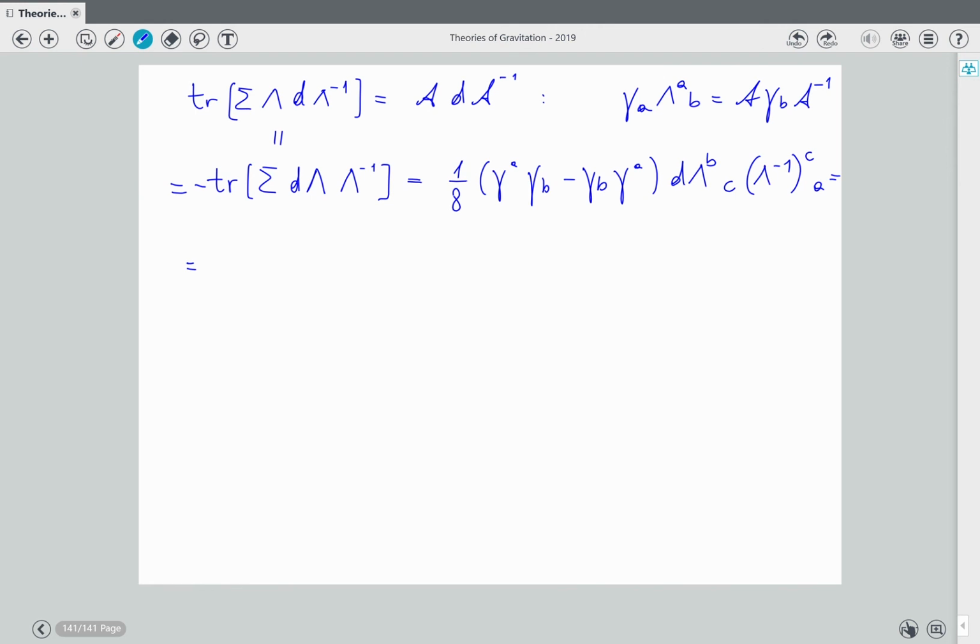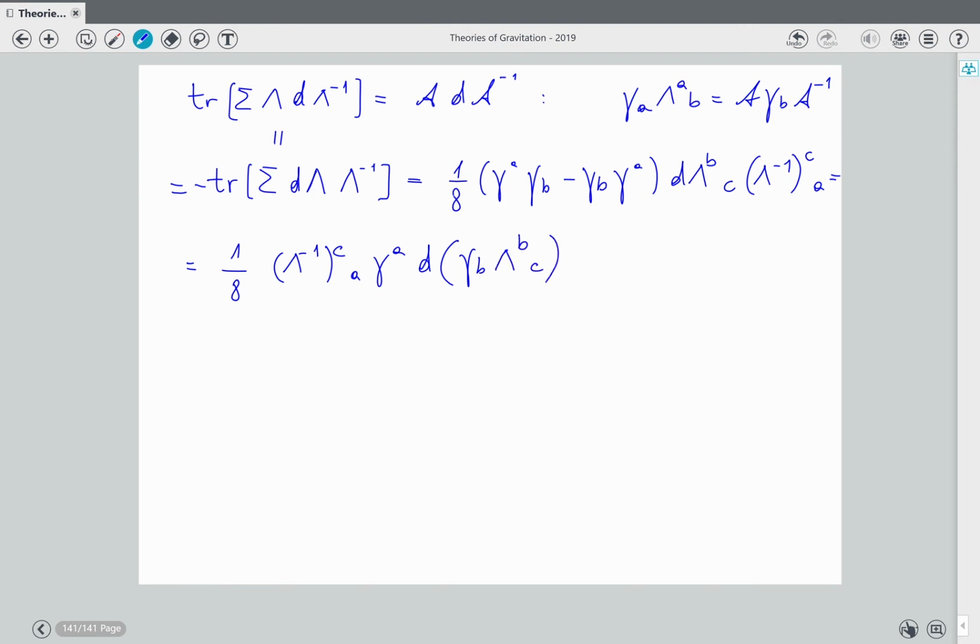So for example, here you have 1 over 8 lambda to the minus 1 CA gamma A. And here you have gamma B d gamma B lambda BC.